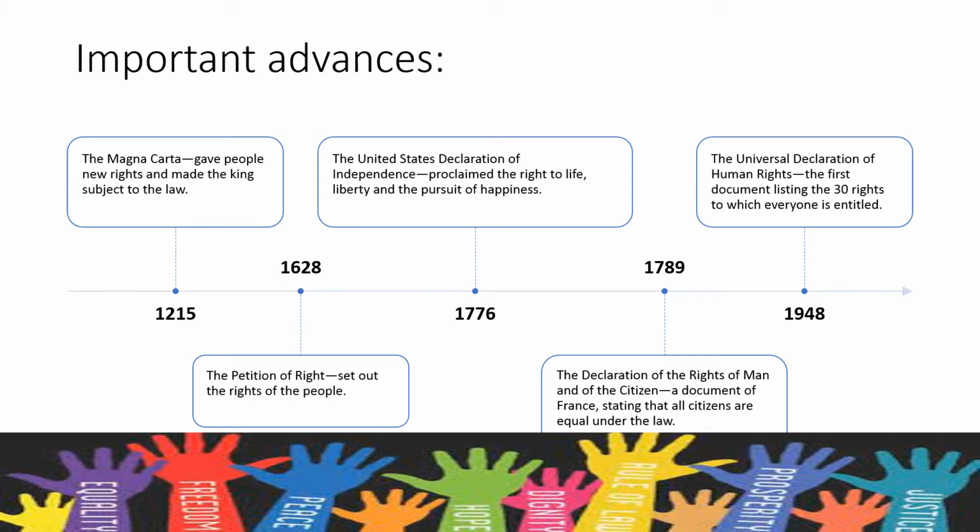That's the implication of that. And in 1948, the one that we are now looking to when it comes to human rights, we have the Universal Declaration of Human Rights. This is the first document listing the 30 rights to which everyone is entitled.